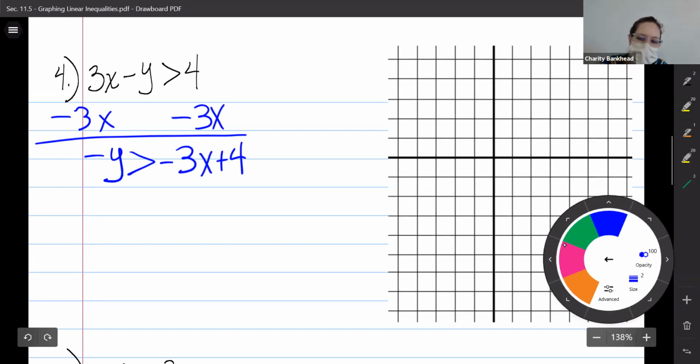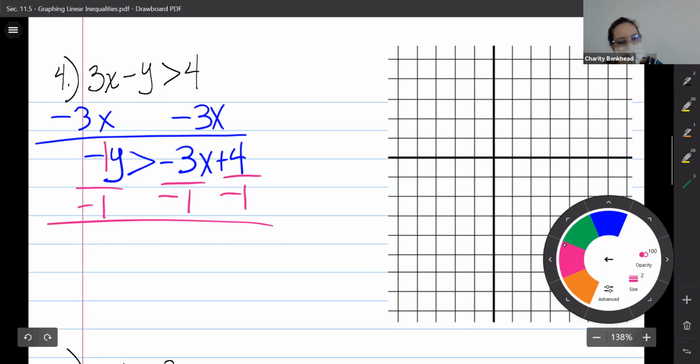So -y is the same as -1y, so we need to divide each term by -1. And remember, when you divide by a negative, you have to flip the inequality. So now it's y is less than 3x minus 4.